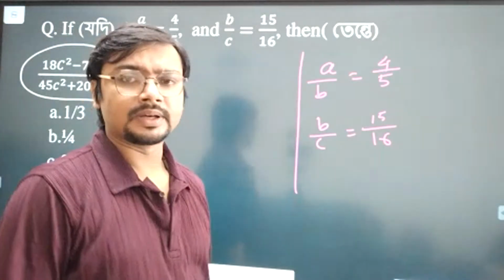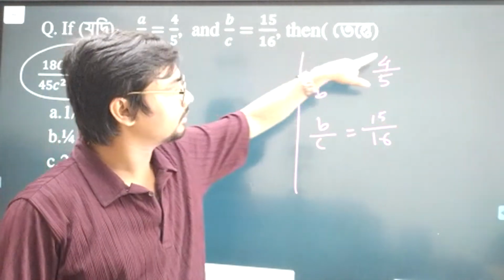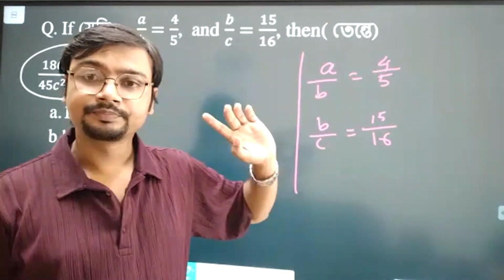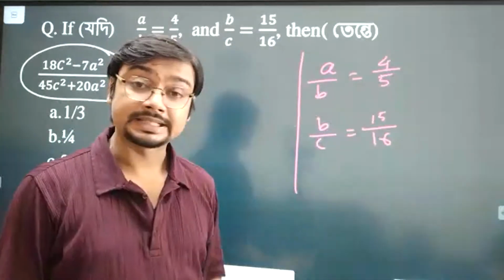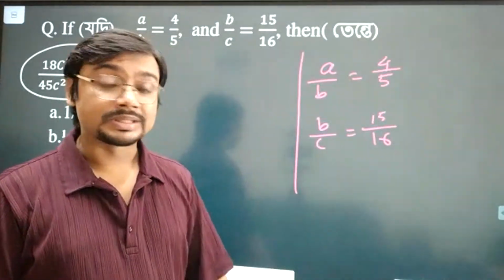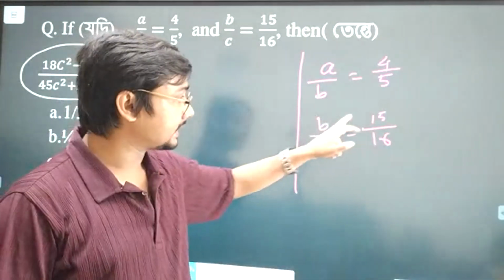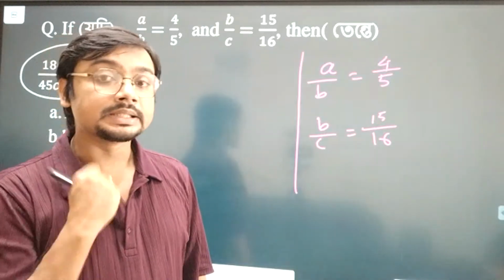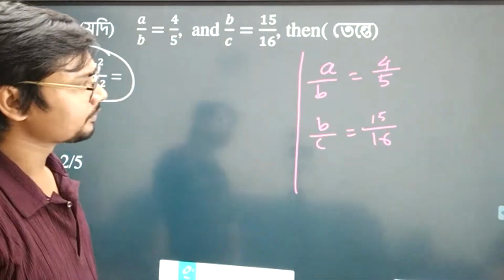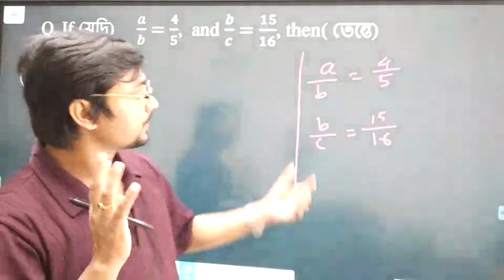So how can we find it? You must remember, if we use the first ratio, A will be 4, B will be 5. But from the second, B will be 15, C will be 16. So from the first one you get B equal to 5, but from the second one you get 15. Which one will you choose? That's the question. If this type of two ratios is given, what do we need to do?